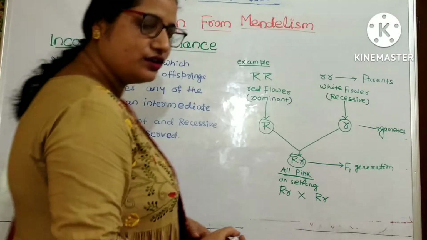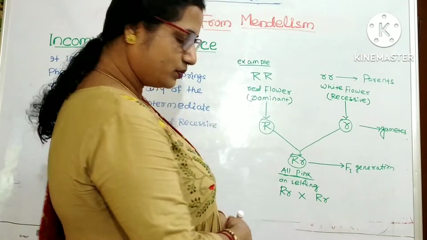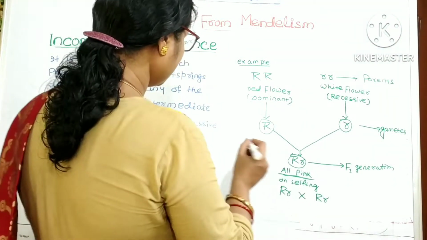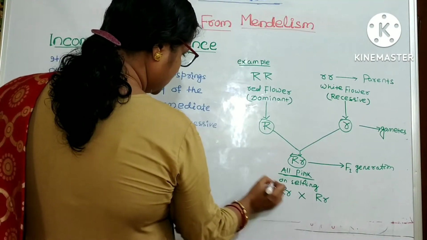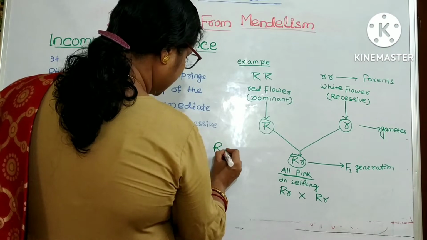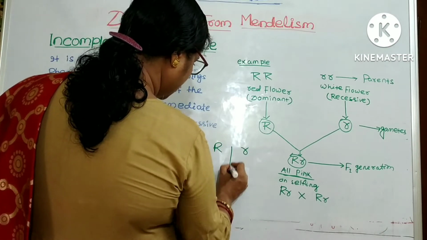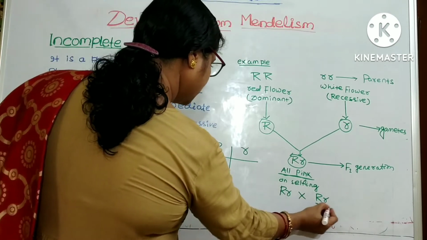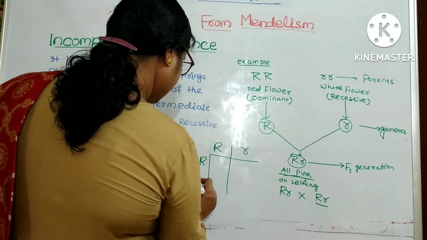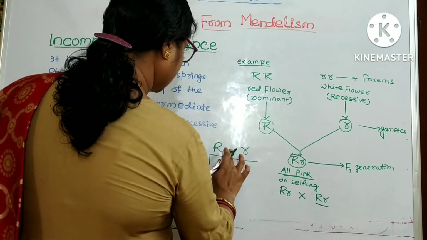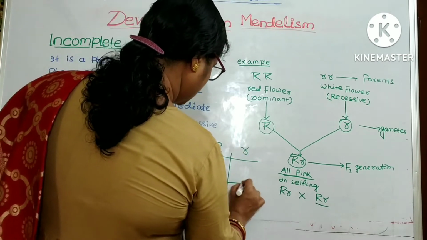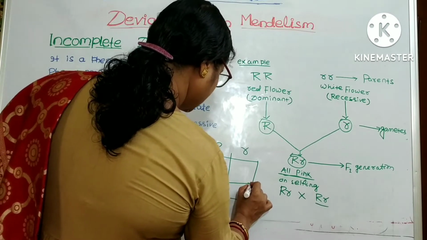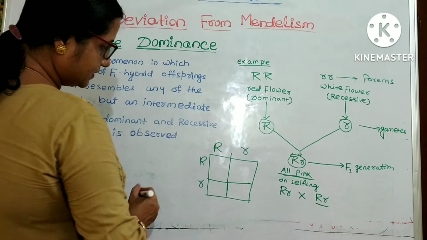On selfing the F1 progenies, what happens? Suppose the gametes are capital R and small r from one parent, and capital R and small r from the other. By drawing a Punnett square, we get the F2 generation.